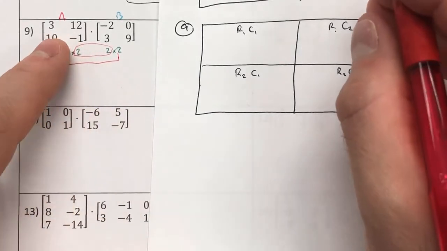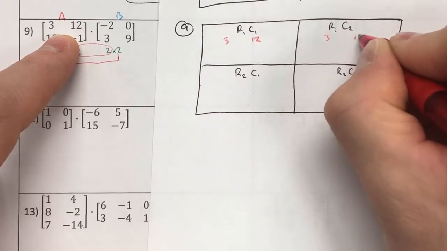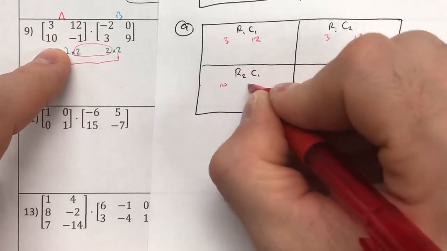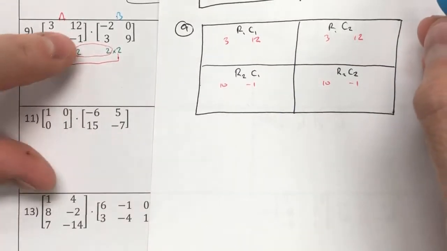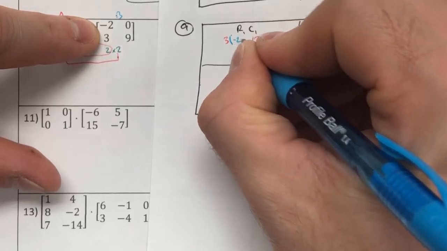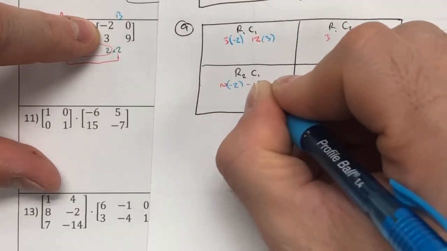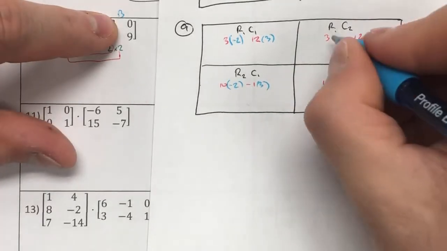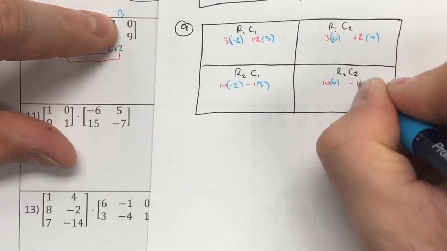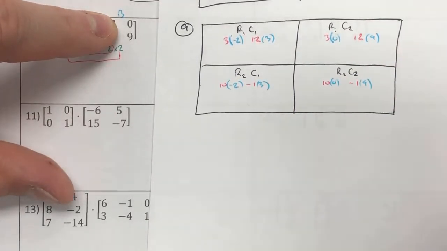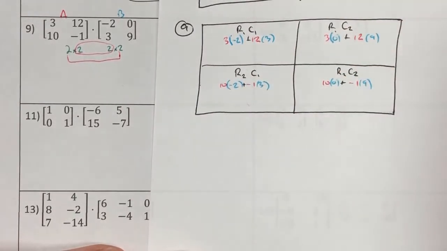So for row 1, I have a 3 and a 12, a 3 and a 12. Row 2, I have a 10 and a -1. For column 1, I have a -2 and a 3, a -2 and a 3. Column 2, I have a 0 and a 9, a 0 and a 9. I'm going to be finding the dot product of each of these.